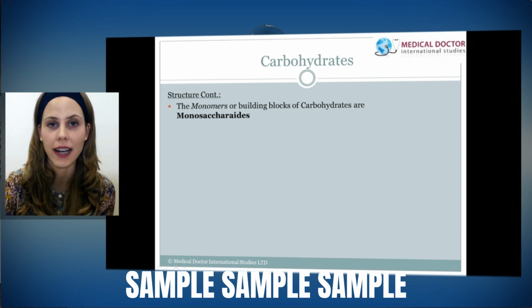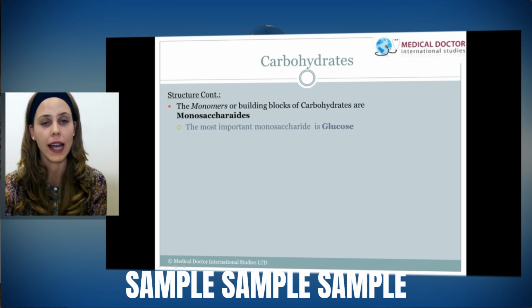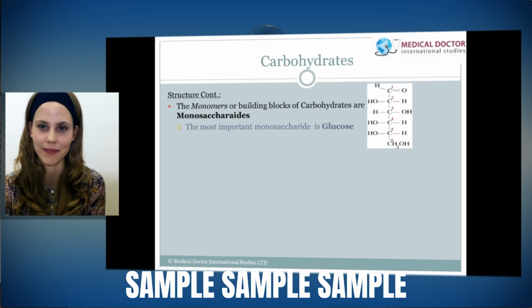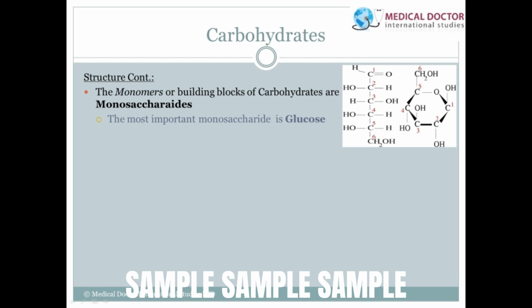Our bead on our necklace in carbohydrates is the monosaccharide. One of the most important ones is glucose, which we will discuss later, and there is a picture of it in both its ring formation and linear formation.